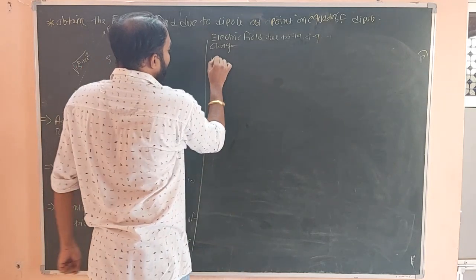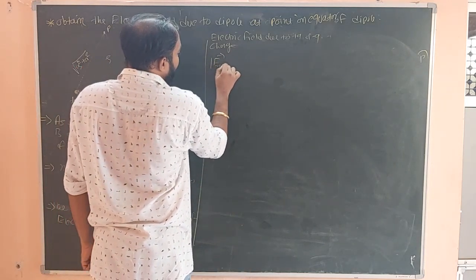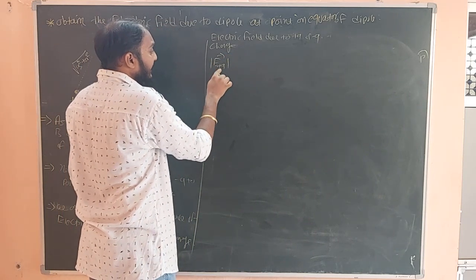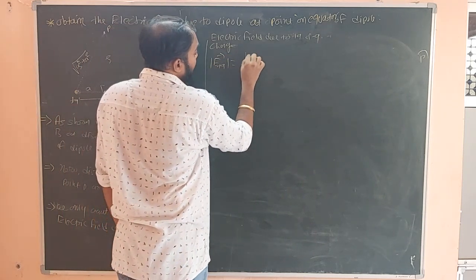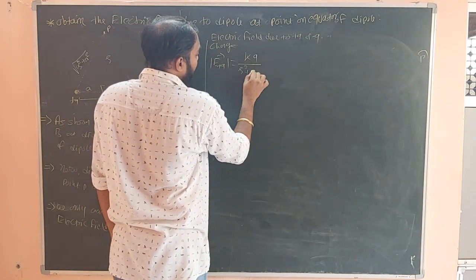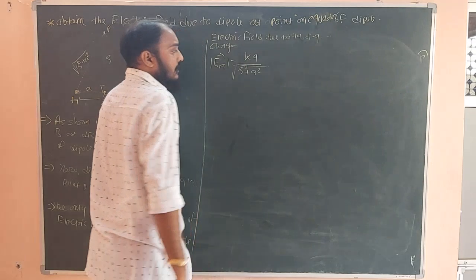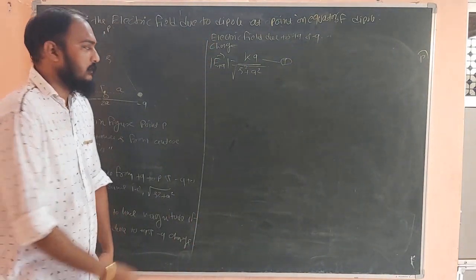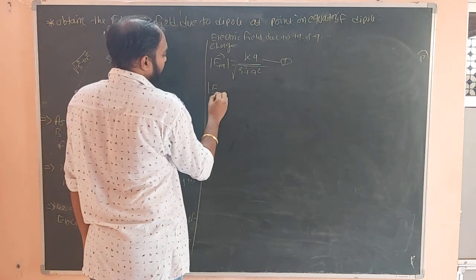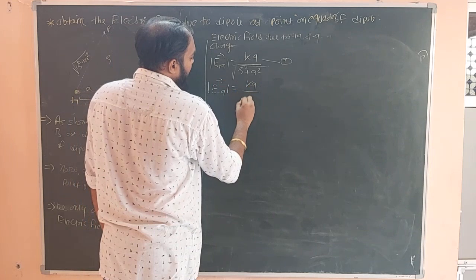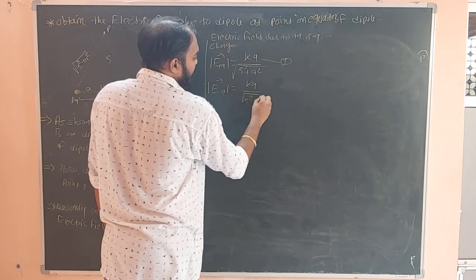So what is the magnitude of the electric field? The magnitude of electric field due to plus Q is E plus Q equals KQ by r square plus a square, under root. Equation 1. Now E minus Q is equal to KQ by r square plus a square, under root.